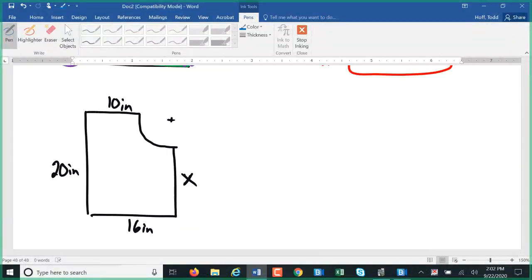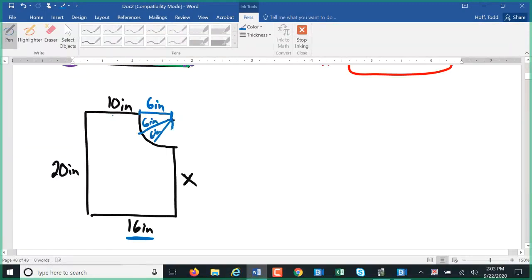Well, we know all the way across here is 16 inches. So 10 plus that piece would have to be 6 inches to make that equal out. But that 6 inches is the radius of a circle. So that's 6 inches here, 6 inches here.